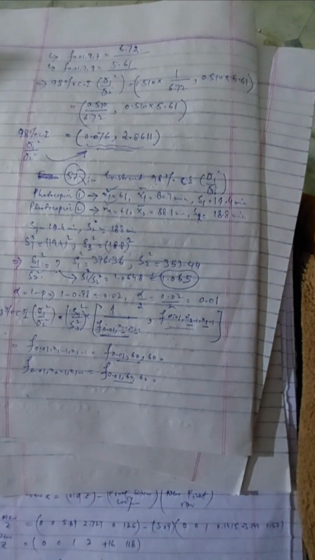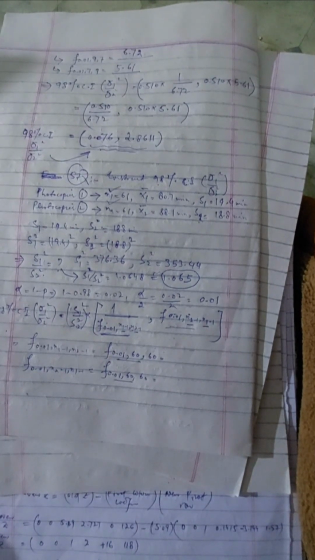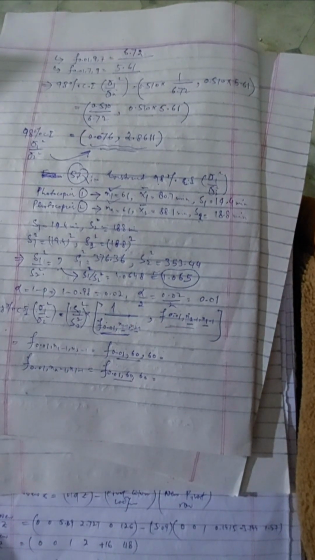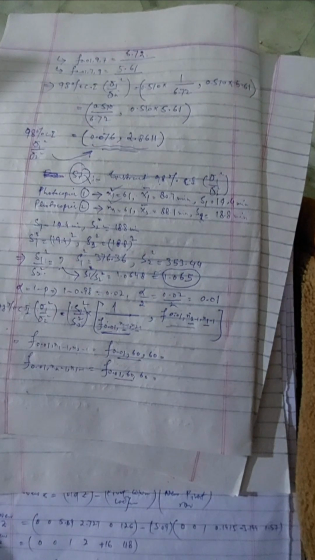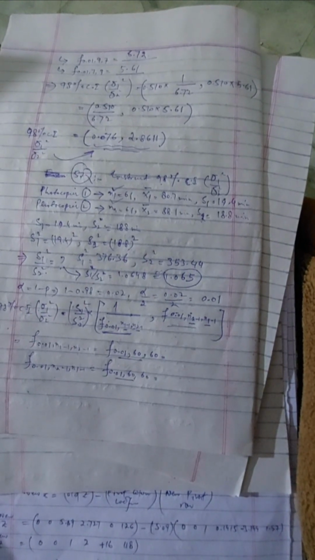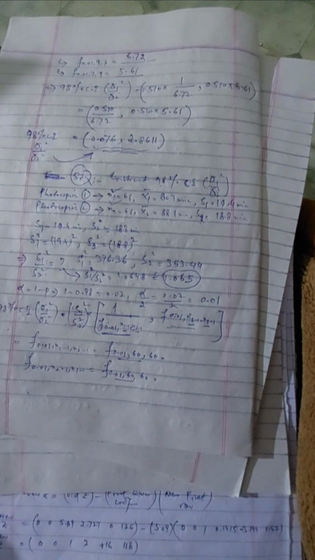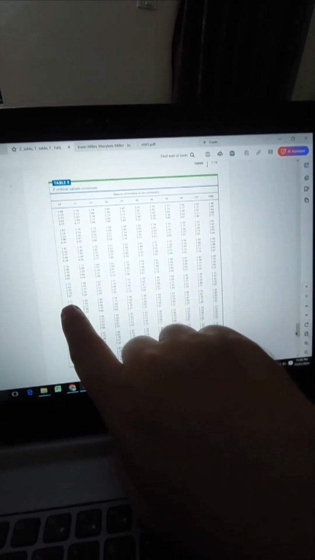Let's open the table over here and find the value.